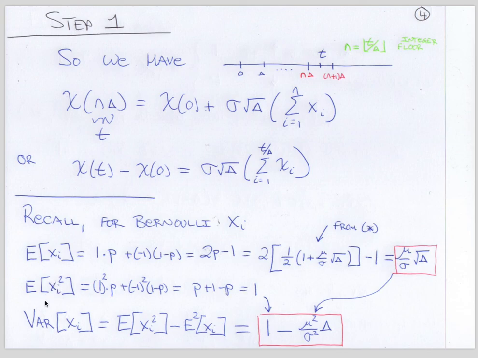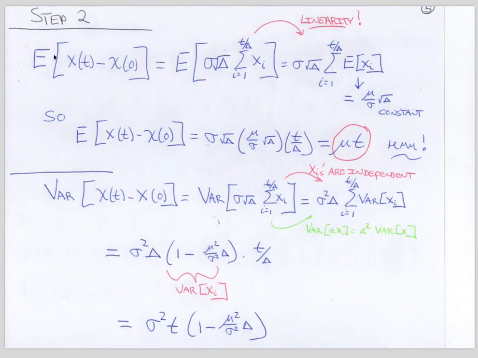And then if we take the expected value of xi squared, which is 1, that allows us to calculate the variance for each one of these Bernoullis. And remember, they're independent. So it's an independent flip of a coin every delta time. And so the variance can be written as this guy right here. So we have the mean and we have the variance for each one of these Bernoulli random variables.